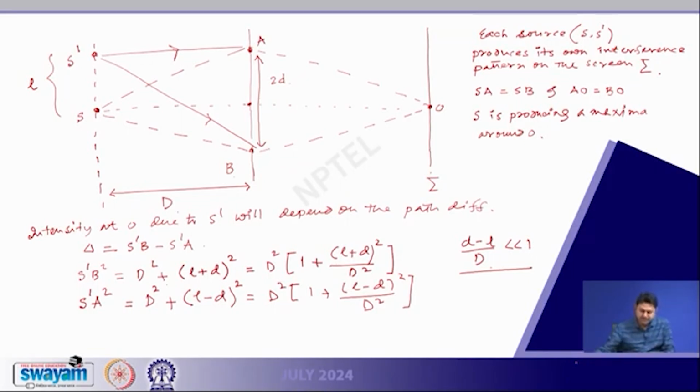If that is the case, then we can simplify this quantity. S prime B will be D into 1 plus D plus L divided by D, whole square, to the power half.